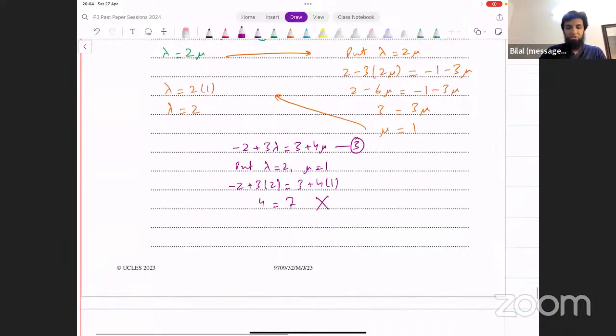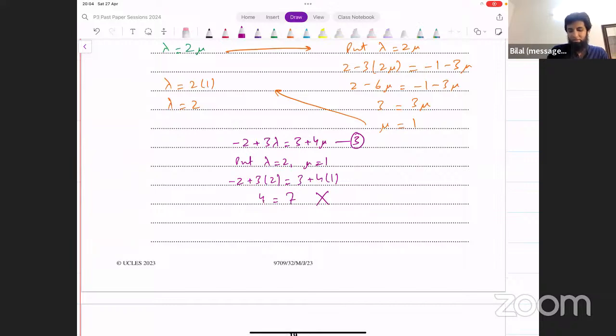Since the third equation does not satisfy, we say there are no values of lambda and mu that satisfy all three of these equations.